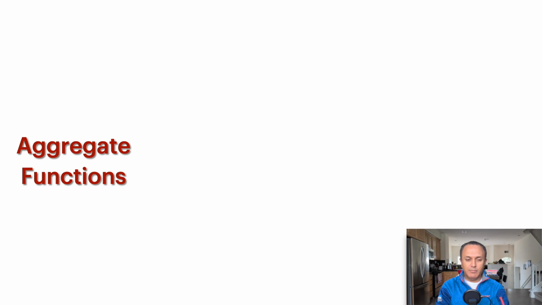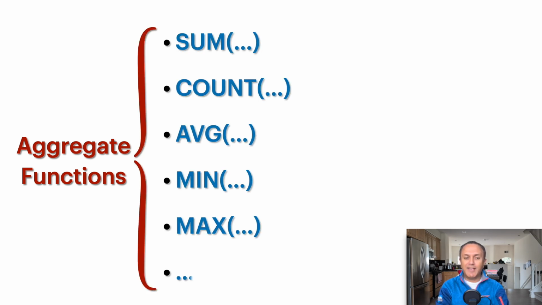The first class of window functions, which we have already seen, is the regular aggregate functions: sum, count, min, max, average, and so on. We can use those functions as window functions once we specify the over clause beside them. We've already seen that, but let's see more examples.